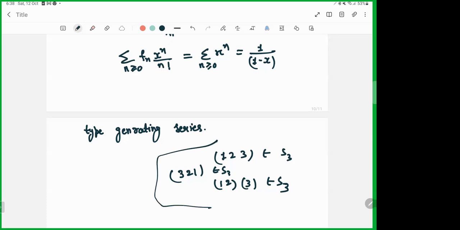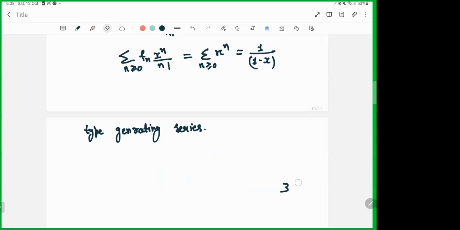So how did you conclude that? Because if we map one, two, three to two, three, one, then we have basically this thing, taking one permutation to another. But in the other case we can't have that, right?